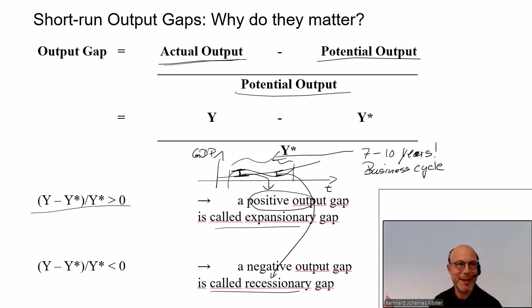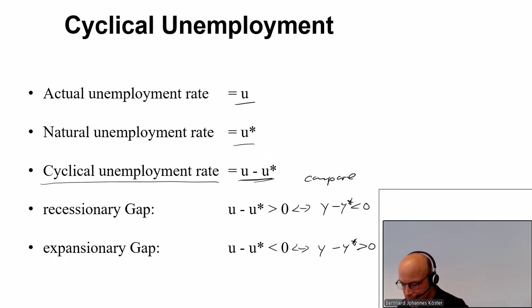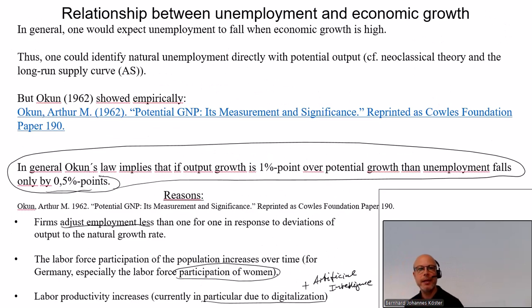This is just the same as what we are talking about here in global economics, about the potential output and the output gap. The famous economist Arthur Okun made an estimation, and he found, not very surprisingly, that we have a qualitative inverse dependency between unemployment rate and economic growth, just explained by the business cycle.